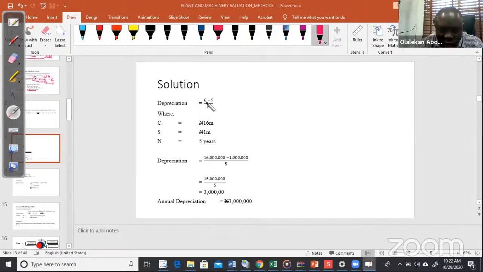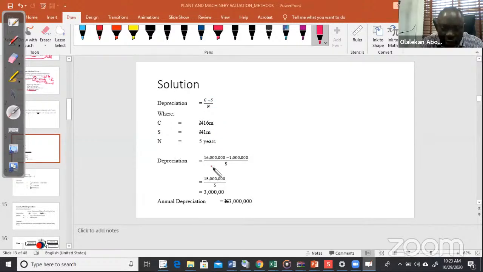Your C here is your cost, which is given as 16 million. Your S is your scrap value, which is given as 1 million. The life expectancy of the asset, which is N, is given as 5 years.